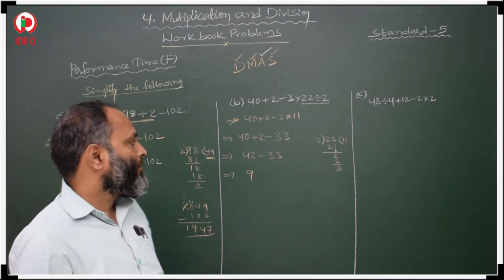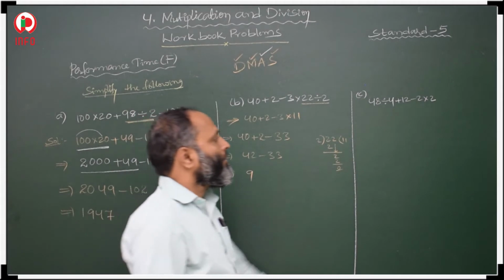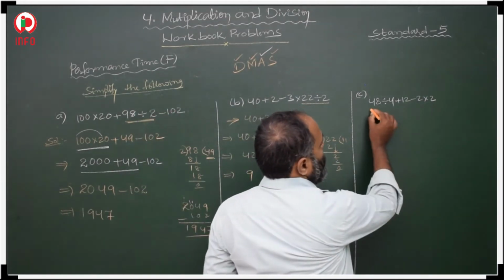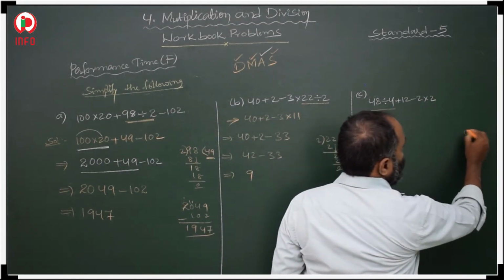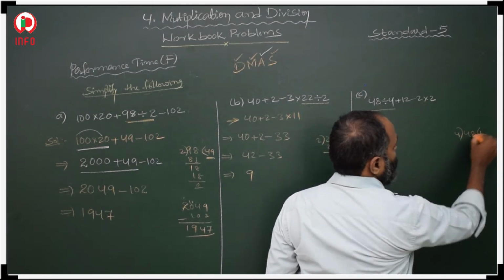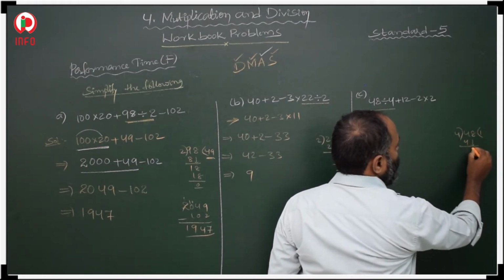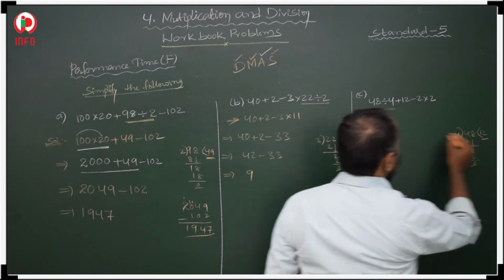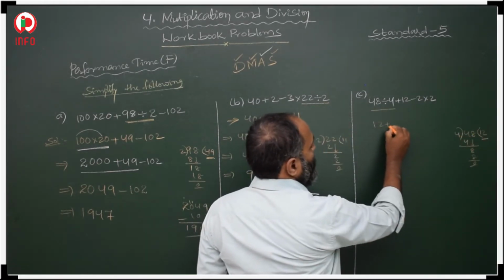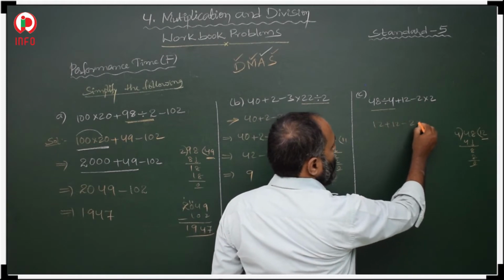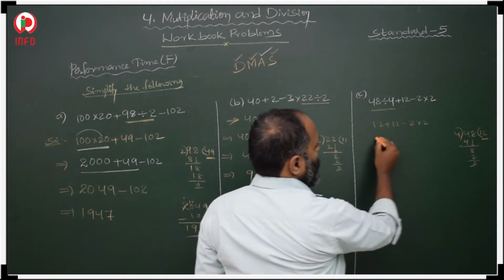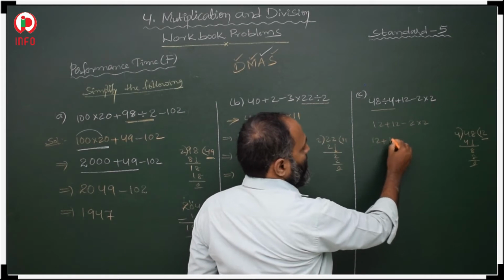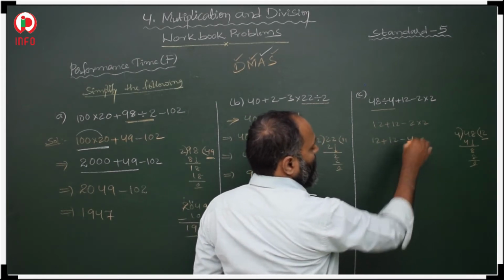Then in this way, first we have to do division. That is 48 divided by 4. 4 ones are 4. Now 8. 4 2s are 8. What is our answer? 12. 12 plus 12 minus 2 into 2. After division, multiplication. 2 2s are 4.